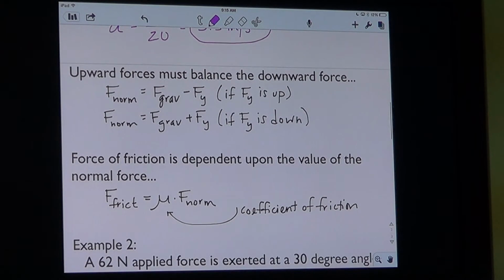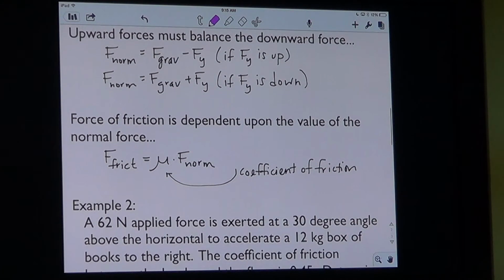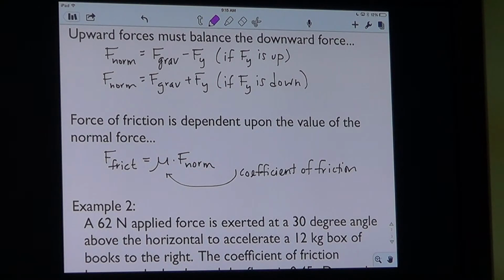The next ones are going to be talking about friction. And so when we have friction, and a lot of times when we're moving things, even if the applied force is at an angle, the object is still going to be moving along a flat surface, and so the upward forces are going to be balancing the downward forces.